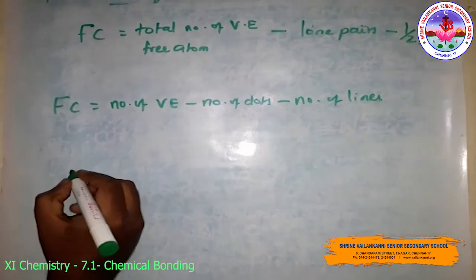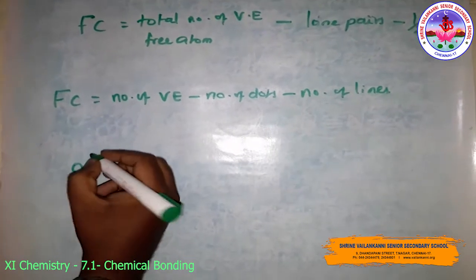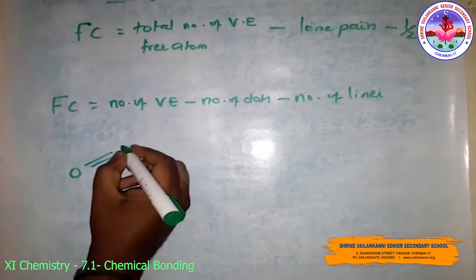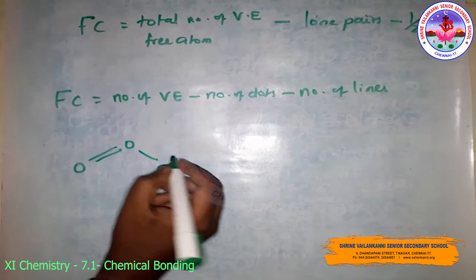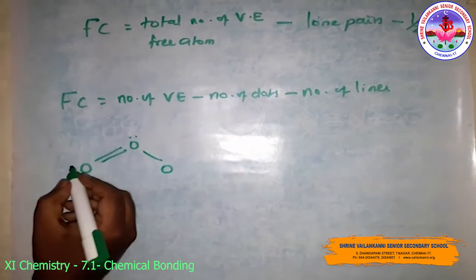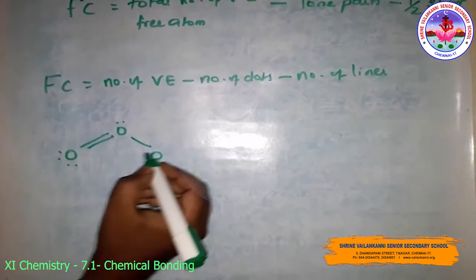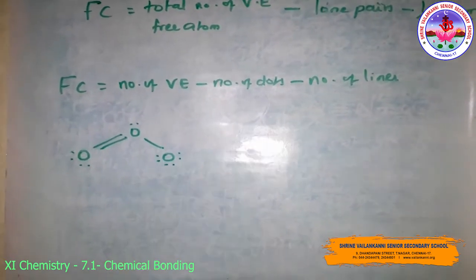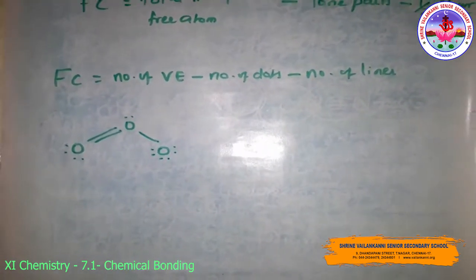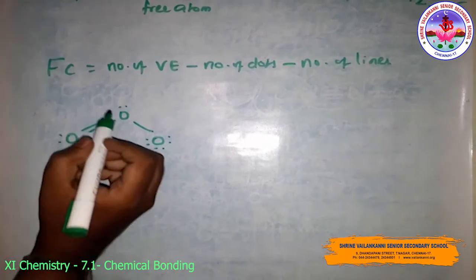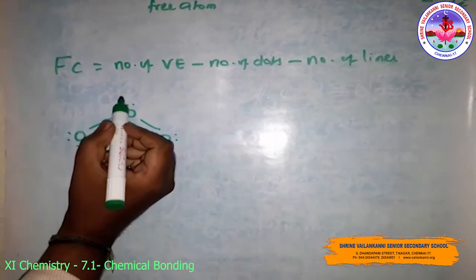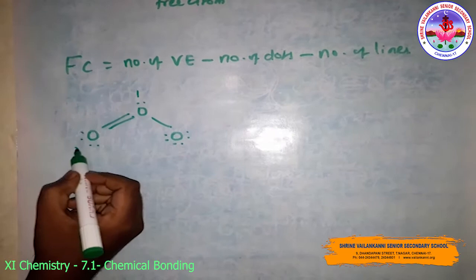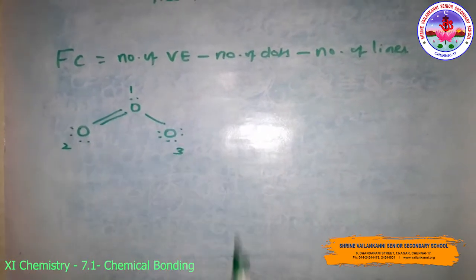So for example, if I take the O3 molecule, the Lewis dot structure will be like this. Just make a mark for the oxygen atoms: the first oxygen, the second oxygen, and the third oxygen.